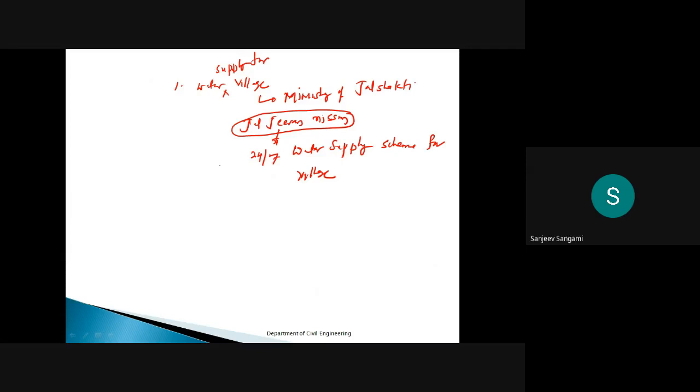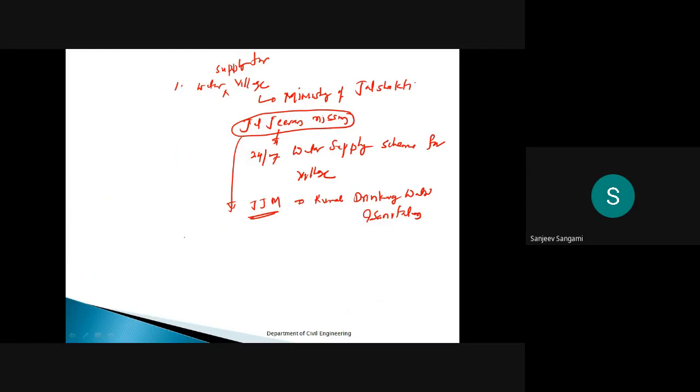The Jal Jeevan Mission, normally called JJM, is being conducted by the Karnataka government's Department of Rural Drinking Water and Sanitation, that is RWS. This department is carrying out these projects.